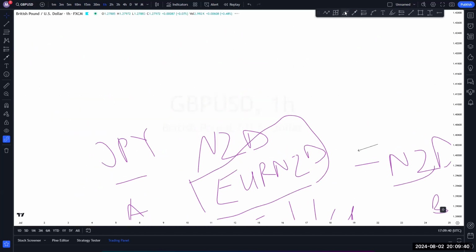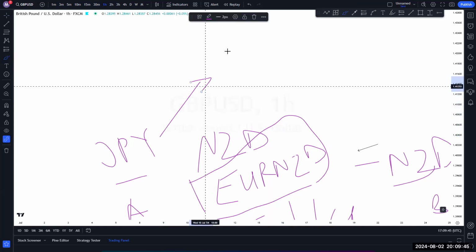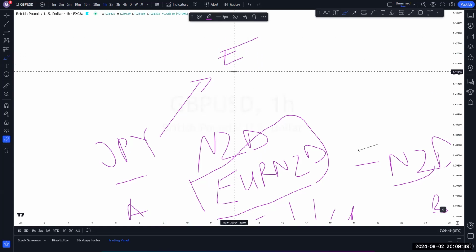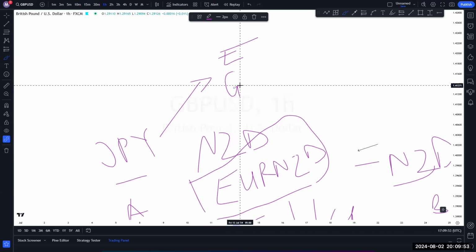But Euro JPY can also move JPY pairs, which is okay. Now we can use Euro JPY and GBP JPY as the confirmation pairs of those JPY pairs.